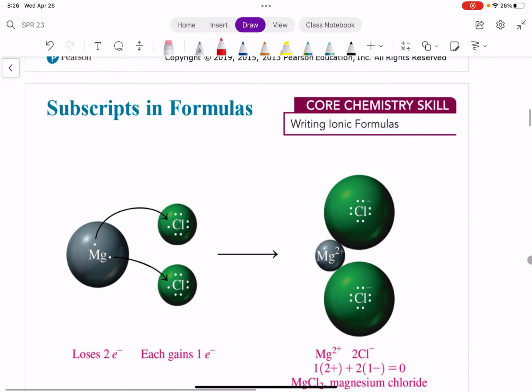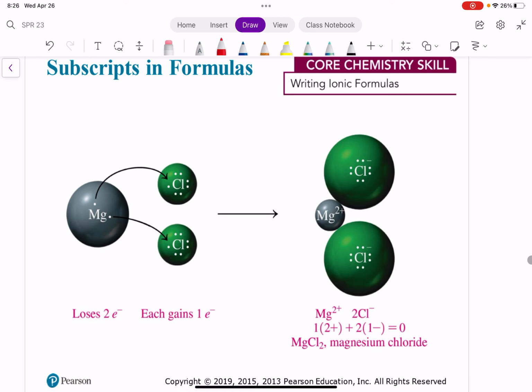Okay, so when we write these chemical formulas, we like to write the formula with those subscripts. Remember that we have H2O, here we have MgCl2. You don't see it in NaCl because they just bond in a 1-to-1 ratio, right? So we don't put this little imaginary 1 there, but it exists.